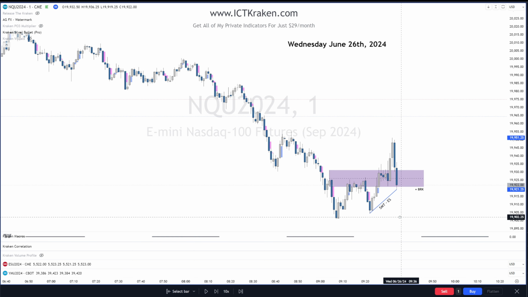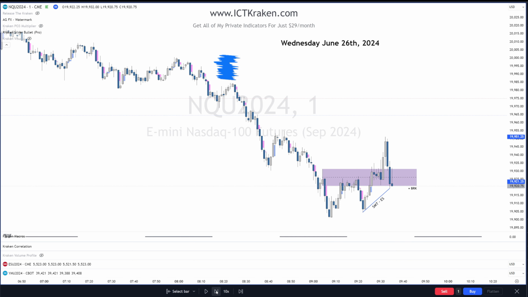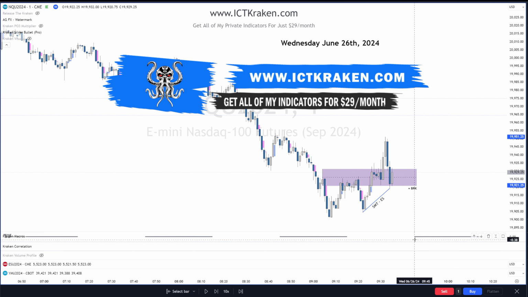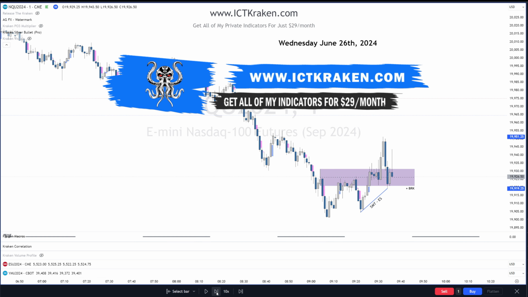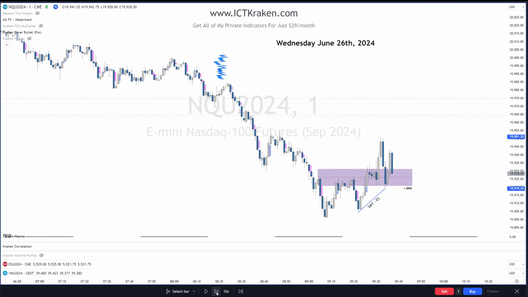But this is lower, so this is actually a breaker as well. And this is not my time window at the moment, so I want to see if we can get closer to 9:45 here, so I can take my trade. So you could enter the breaker there.